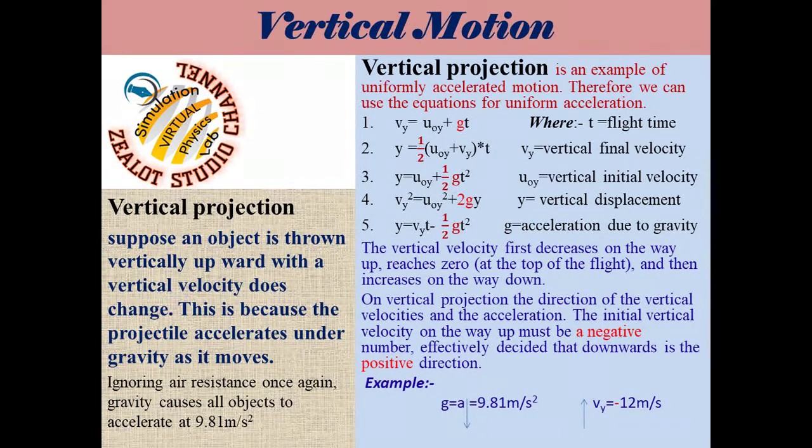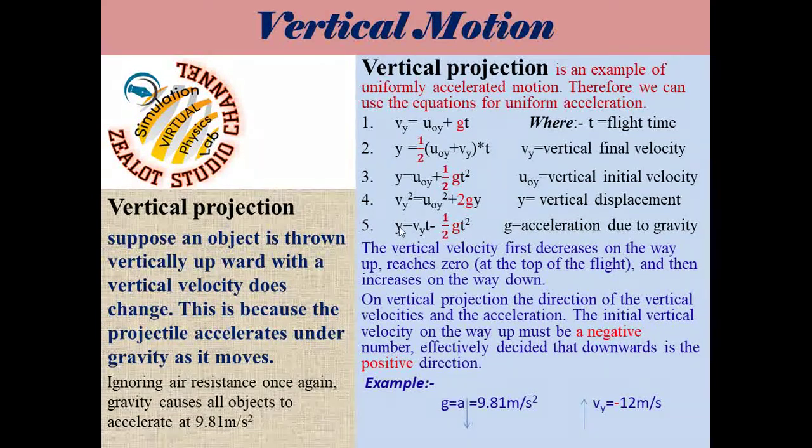The fourth equation: the square of the final vertical velocity is equal to the square of the initial vertical velocity plus twice g times y.